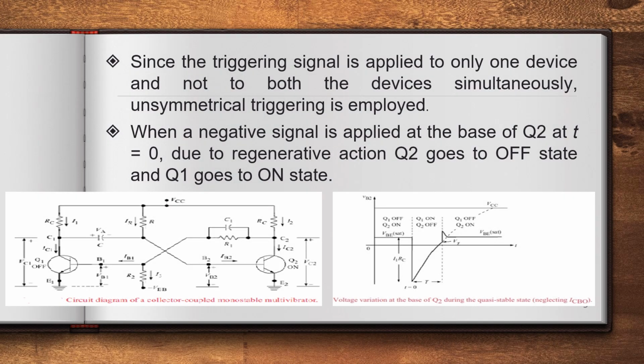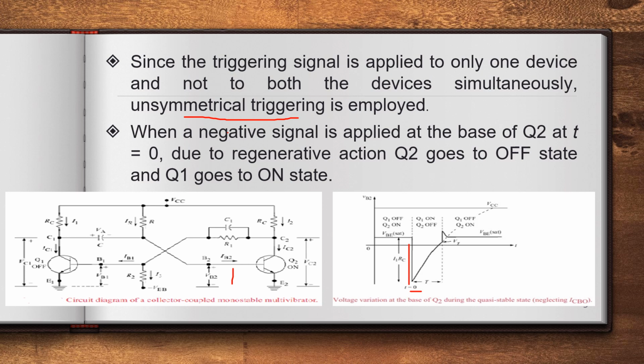Since the triggering signal is applied to only one device and not to both devices simultaneously, unsymmetrical triggering is employed. Unsymmetrical triggering means the triggering signal is applied to only one device and not to both devices simultaneously. When a negative signal is applied at the base of transistor Q2 at t equals 0, I am applying a negative spike at t equals 0.